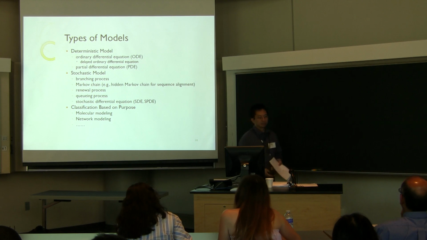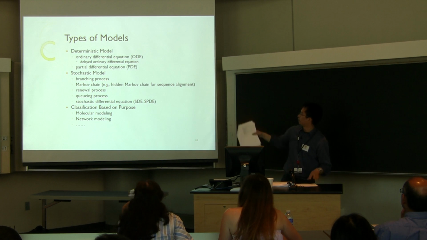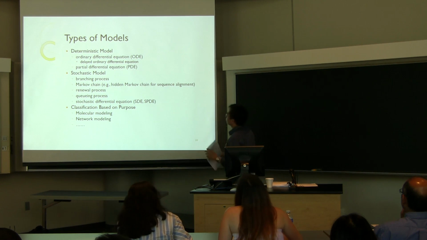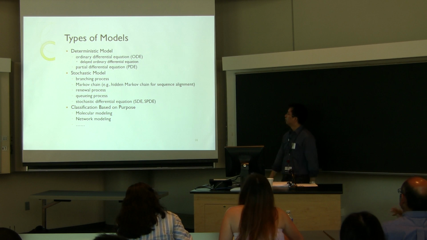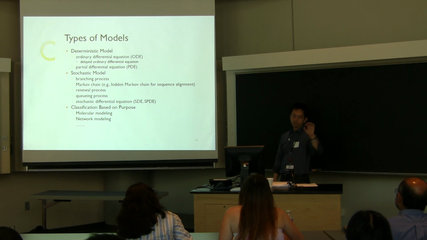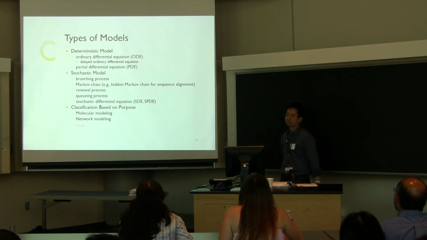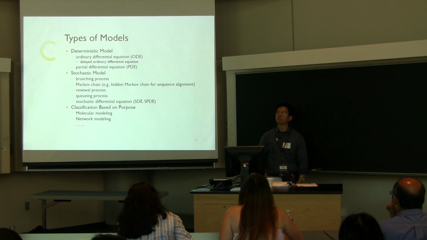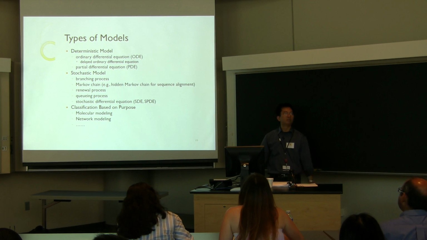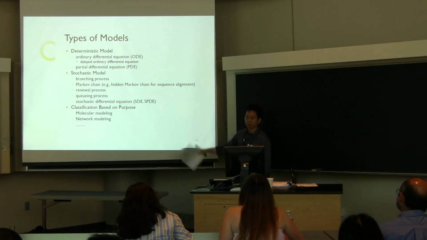We're going to have an example for this. Also, people use the Markov chain or hidden Markov chain, not only to model cell behavior or cell kinetics. You can also use the Markov chain model to model sequence alignment. If you're using, for example, BLAST or whatever sequence alignment algorithm, there are tools that use the hidden Markov model to do this.